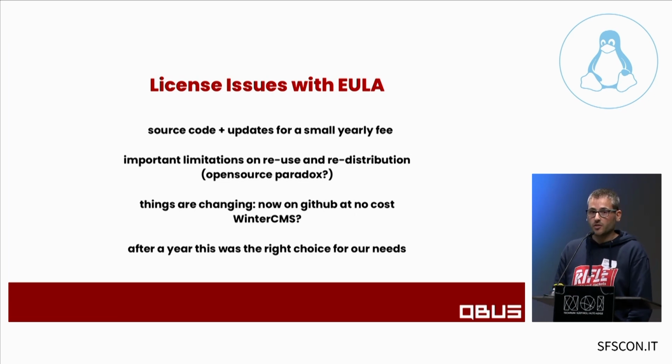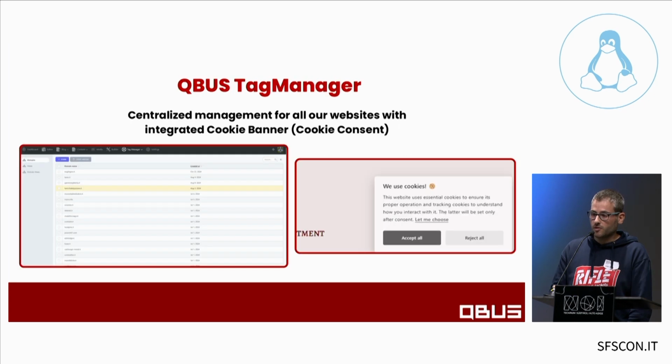For example, now the software is available on GitHub at no cost, but they still have those limitations in the EULA license, so this is a work in progress. But in our case, since it was based on the Laravel framework, we can easily migrate the software to another platform like Winter CMS, which is a fork of October CMS. But anyway, after a year of testing and implementation on hundreds of the websites that we manage, we know for sure that it was the right choice for us.